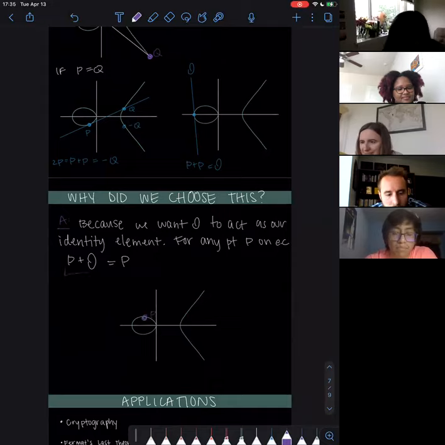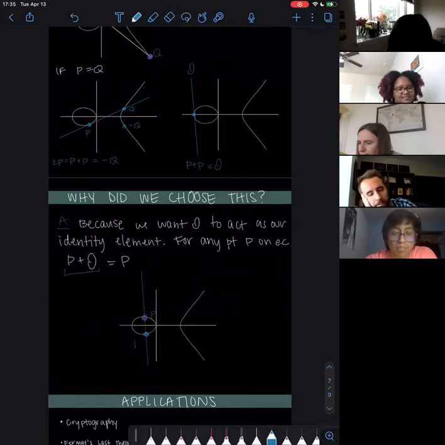So what I would do in this case is think about the line through the point P and the point at infinity, which is going to be this vertical line, right? And so the other point that it intersects is going to be the point negative P, right?